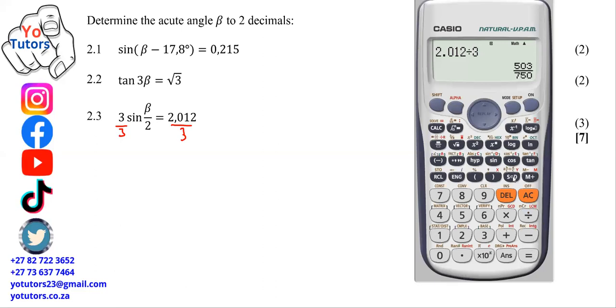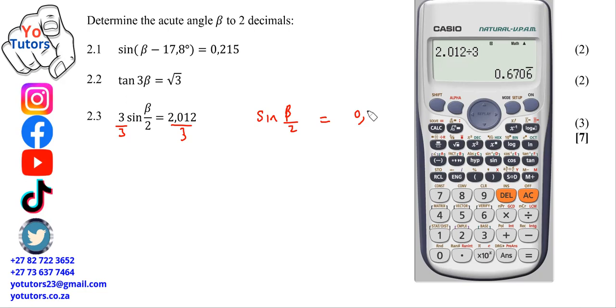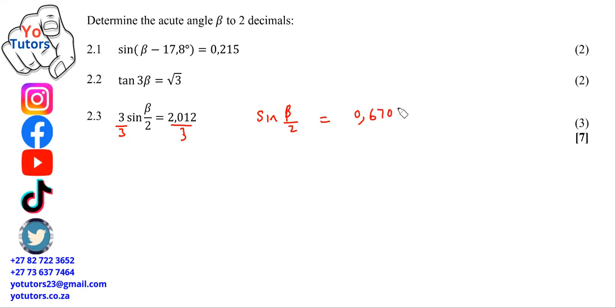What do we get? We get 0,67066, and this means the 6 is continuous. So what we have here is sine of beta over 2 is equal to 0,6706, and it goes on like that.